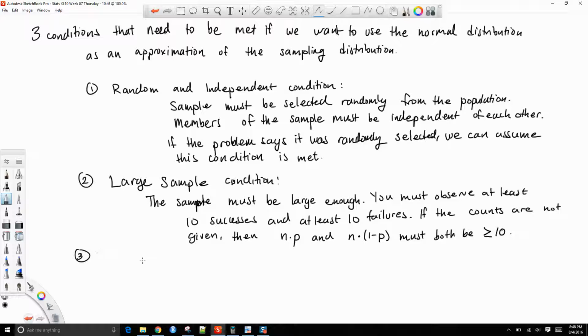Okay, and then lastly, the big population condition. Okay, and so here, the population must be big compared to the sample.